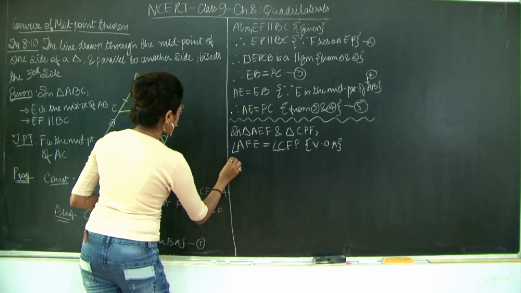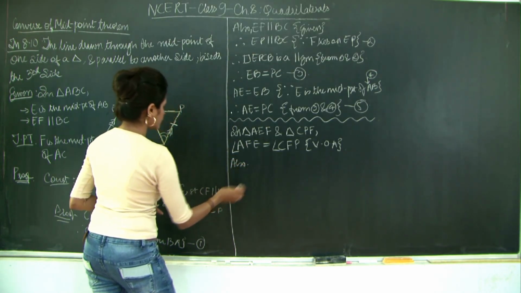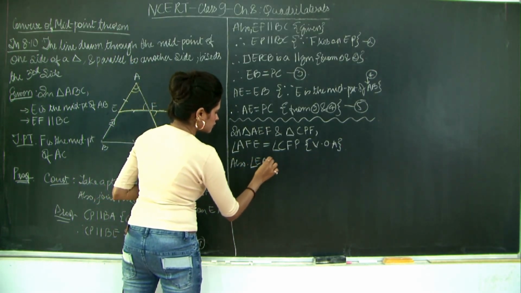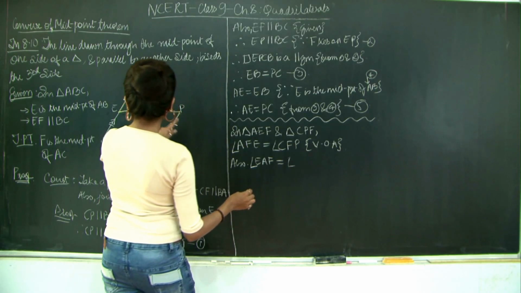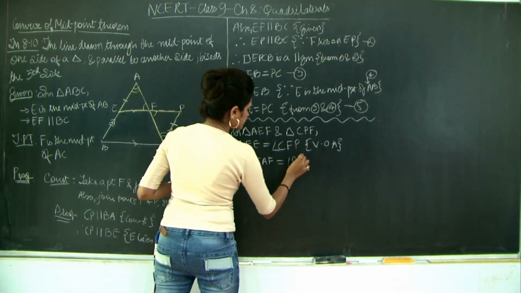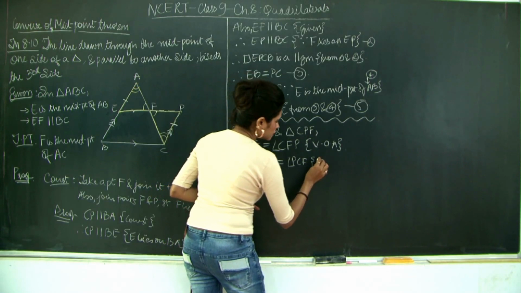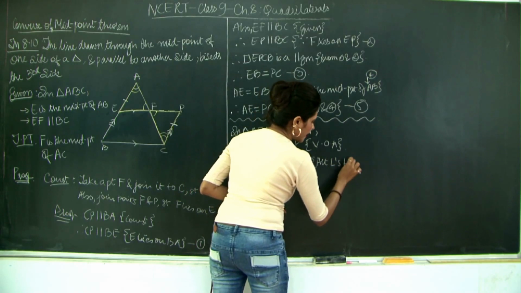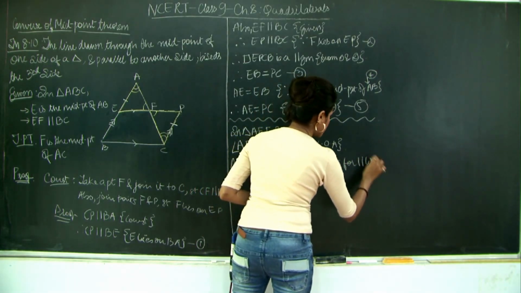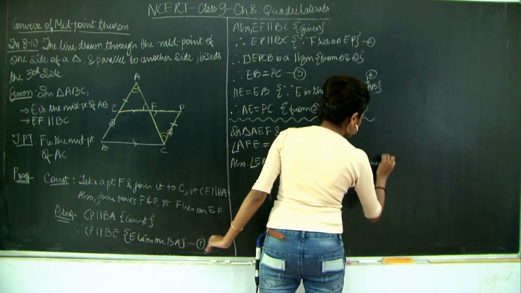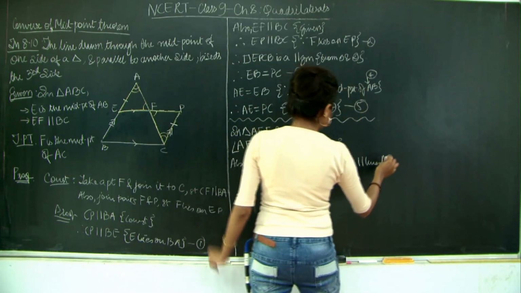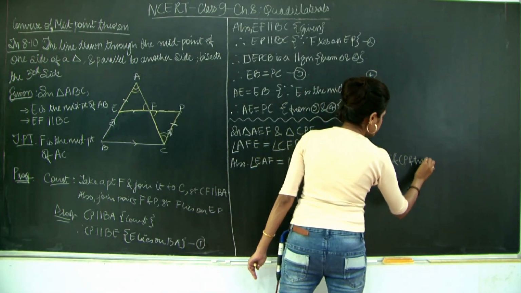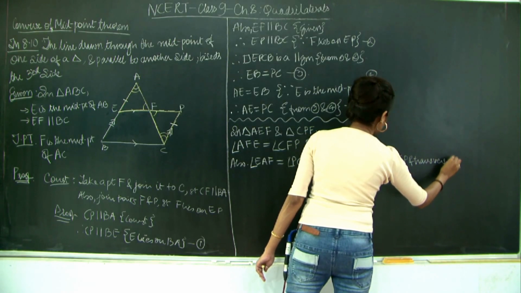Also, angle EAF is equal to angle PCF. Alternate angles for parallel lines AE and CP and transversal AC.